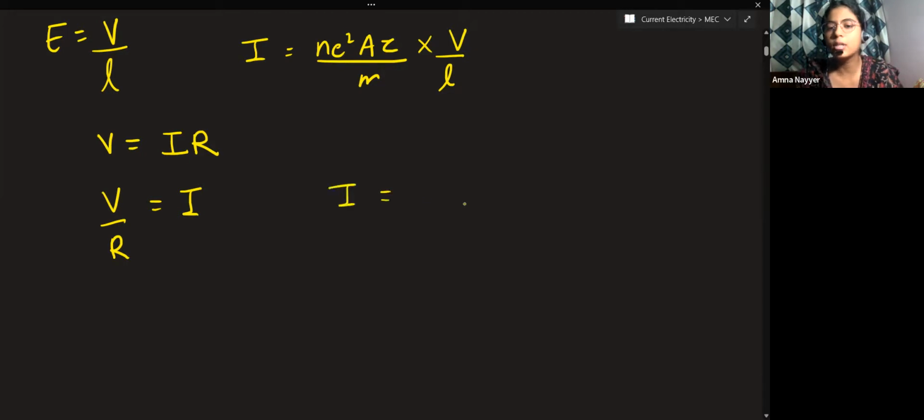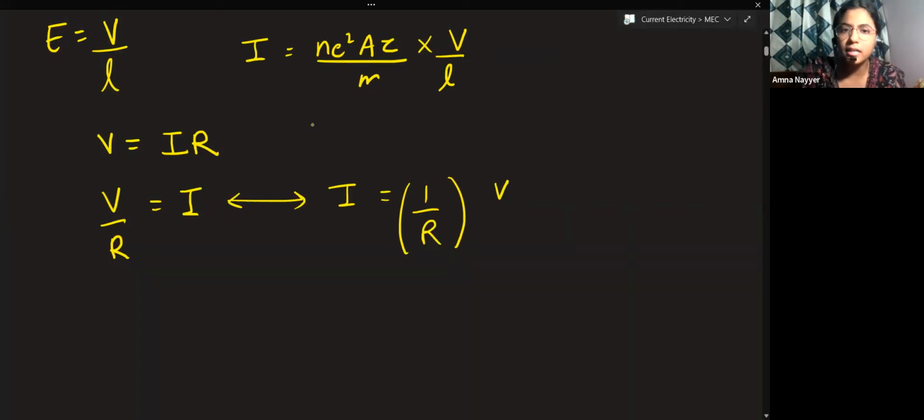See, I is equal to 1 by R multiplied by V. Both of these are equal. So whatever is left apart from I and V becomes 1 by R. So what is 1 by R? 1 by R is N e squared A τ divided by mL.